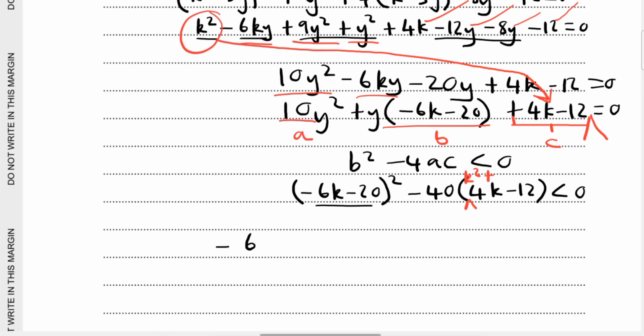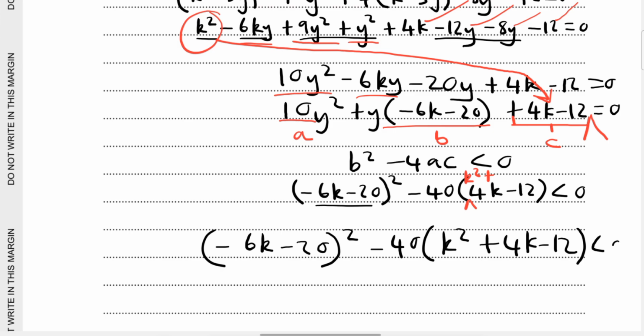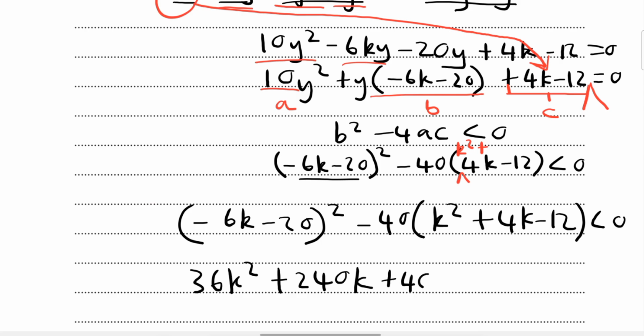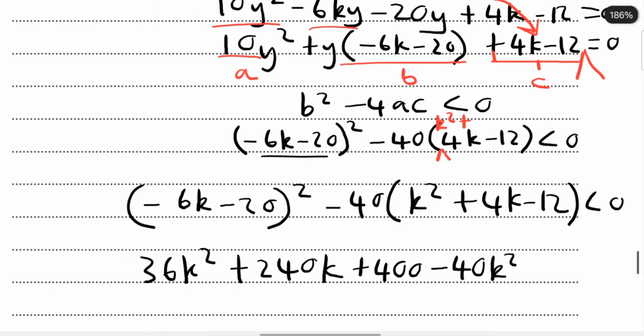So it's (minus 6k minus 20) squared minus 40(k squared plus 4k minus 12), less than 0. Then this would be 36k squared plus 240k plus 400 minus 40k squared, then minus 160k minus 40 times 12, what did we say?